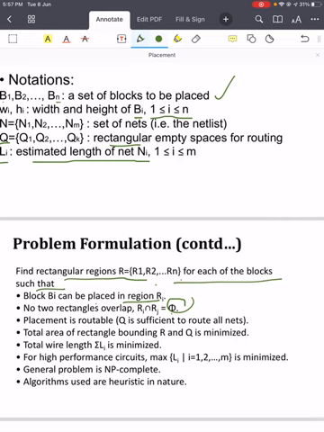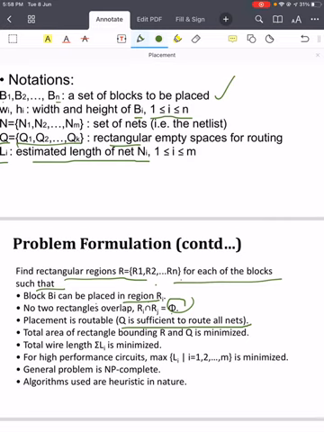The placement should also be routable, that means Q should be sufficient to route all the nets. Q is the set of wiring areas that we have already discussed.